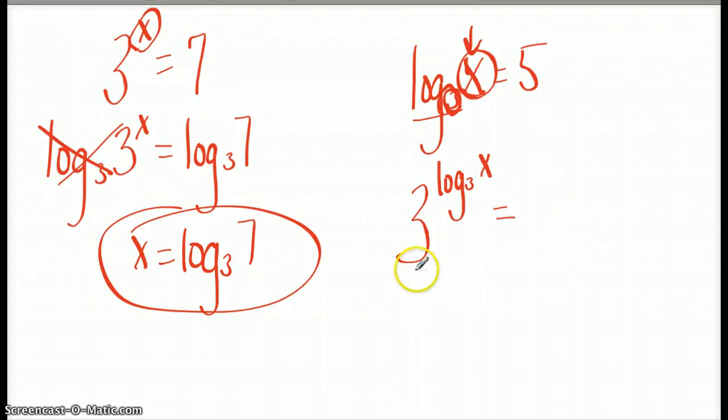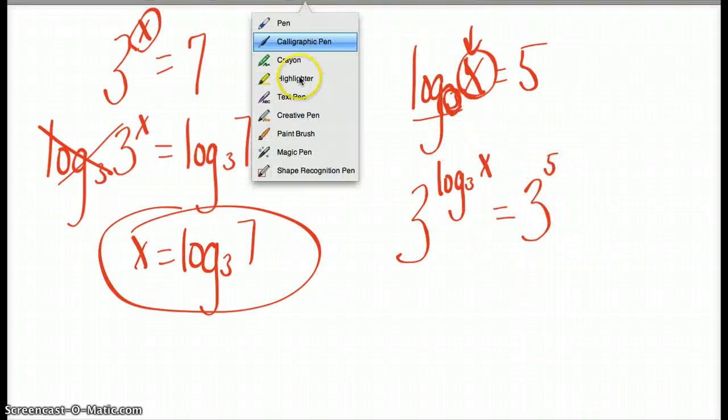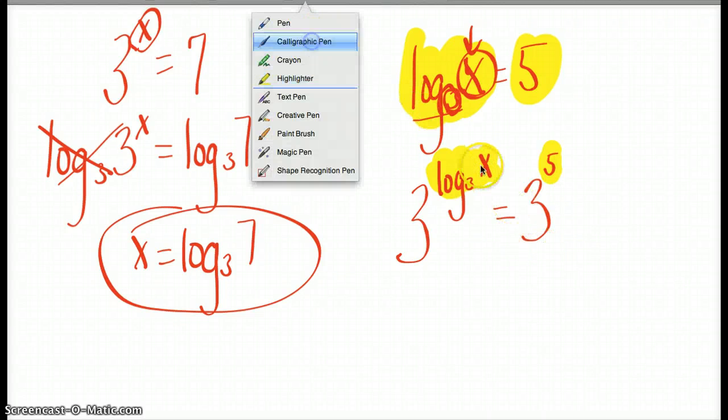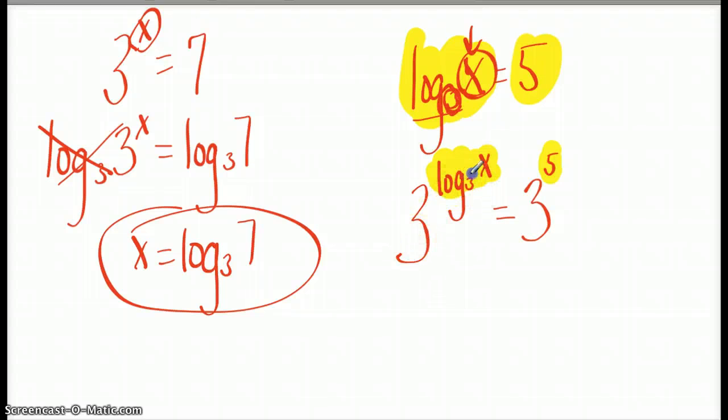Now if I put a big base 3 over here and a big base 3 over here, the 5 becomes your exponent. Like with yesterday's, this part and this part become here and here. I put in the 3 and the 3. So when this 3 and this 3 are the same, they go away, and I have x equals 3 to the 5th power.